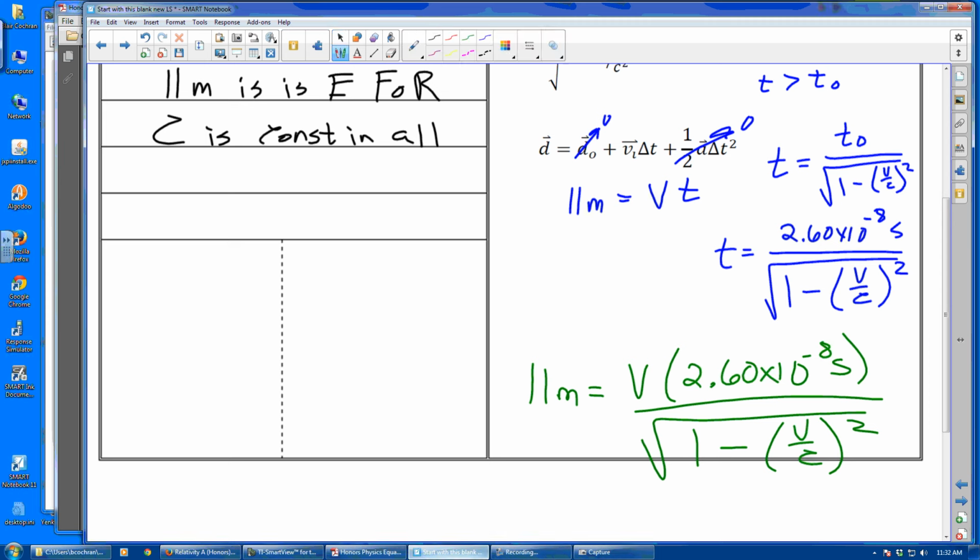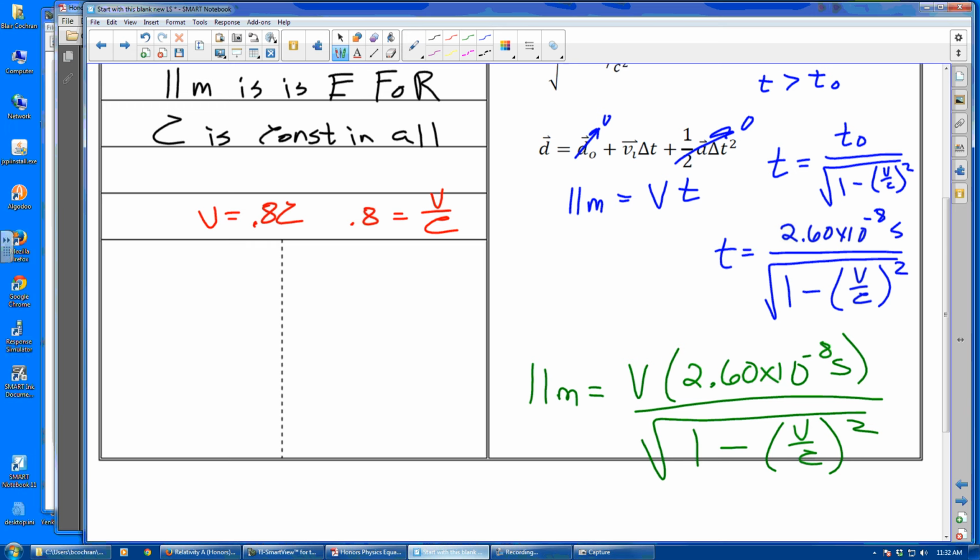If I've got, let's say, 0.8C, if we have V equals 0.8C, I could write 0.8 equals V over C, right? This is what they're looking for me to answer in 0.8. They want 0.8 times C or 0.7 times C, whatever.